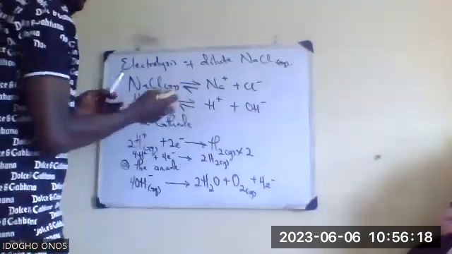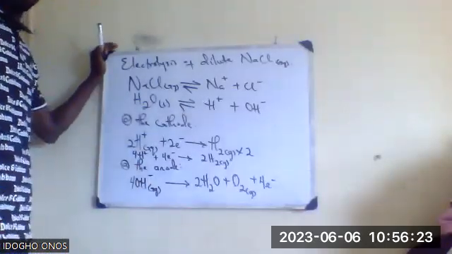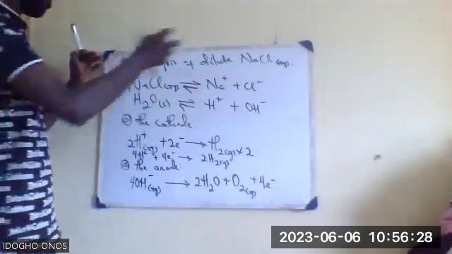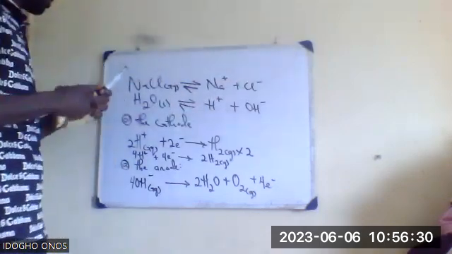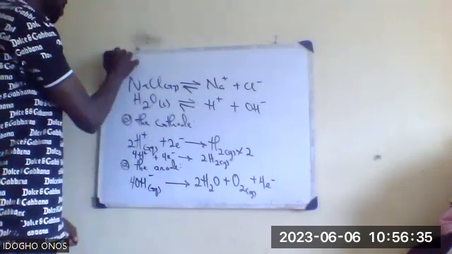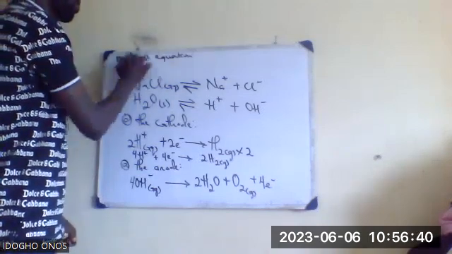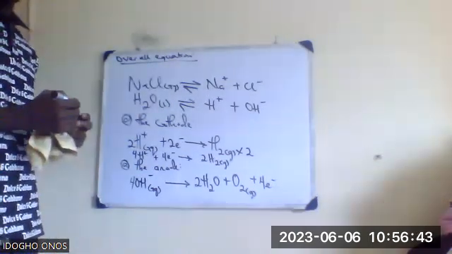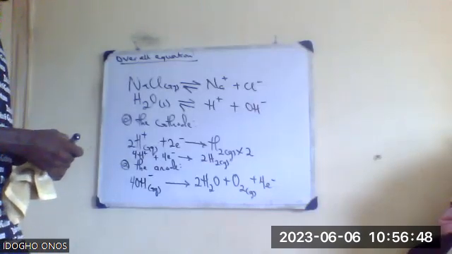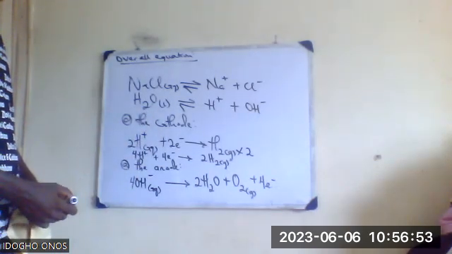So if you care to write the overall equation, can I clean this? Yes, sir. Okay. So for the overall equation now, can you simply tell me what we're going to get? Overall equation of this electrolysis, this example now.